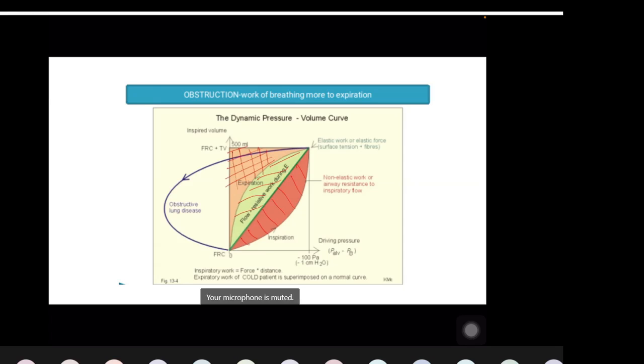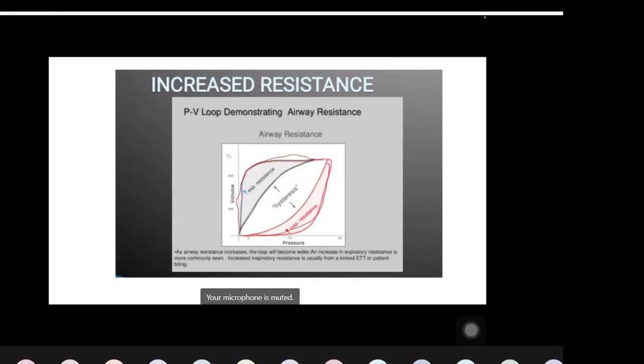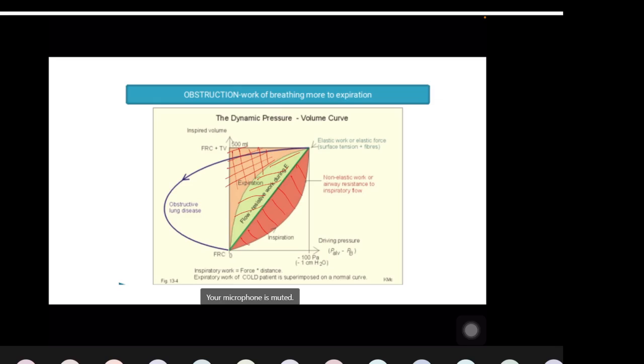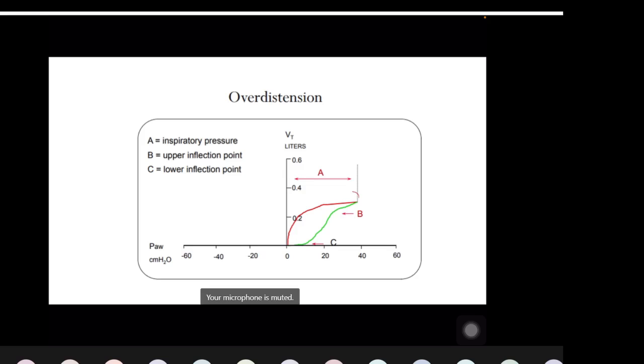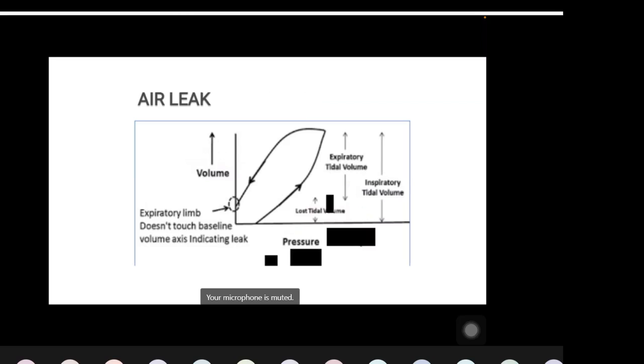Whenever low compliance occurs, as I already said, the hysteresis will move extremely towards the right side. Over distension can be identified if there is a beak of the inflection, which is important. And air leak can be identified when the expiratory limb of the pressure volume loop fails to touch the baseline or fails to reach the FRC.